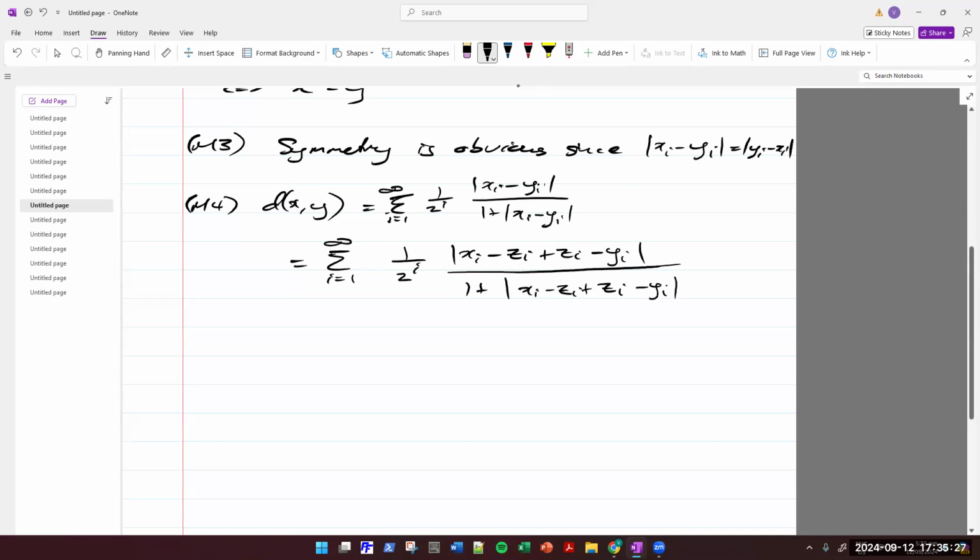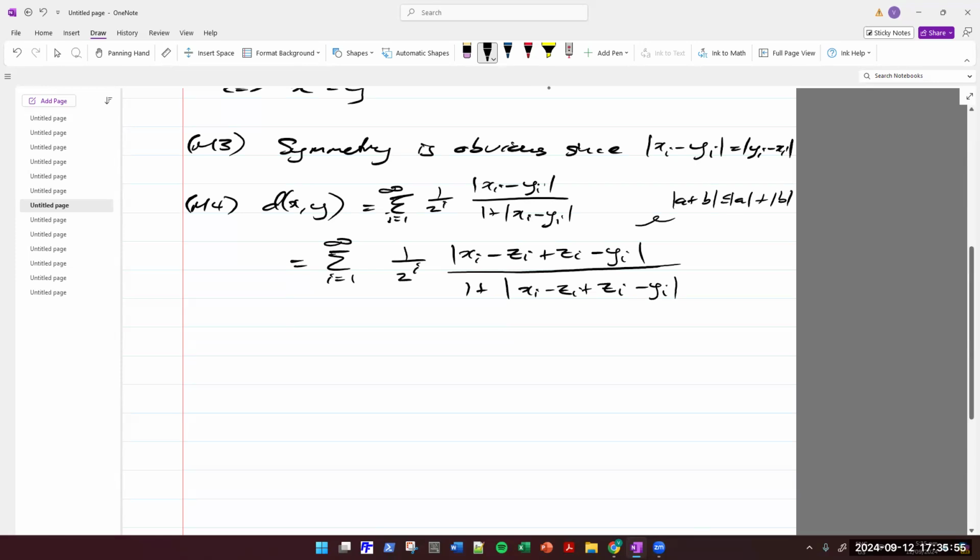So I need some way to pull this thing apart. Okay, let's do this one first. Of course we know we have the triangle inequality for this one.